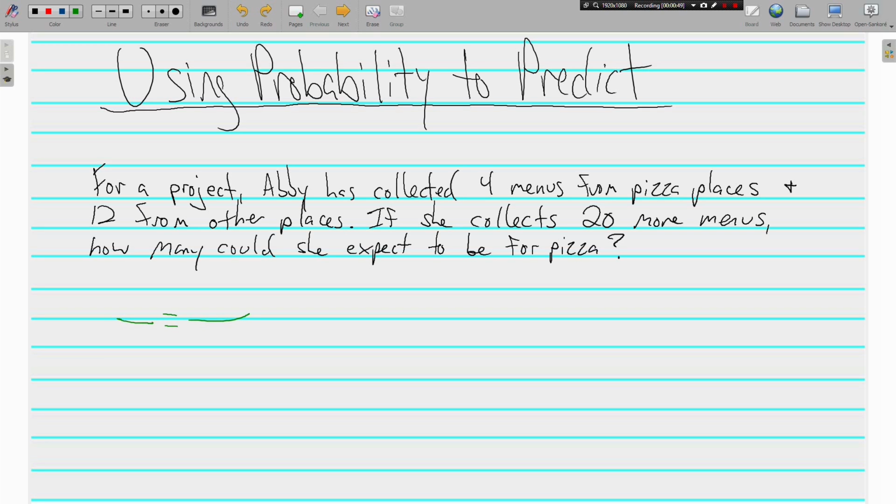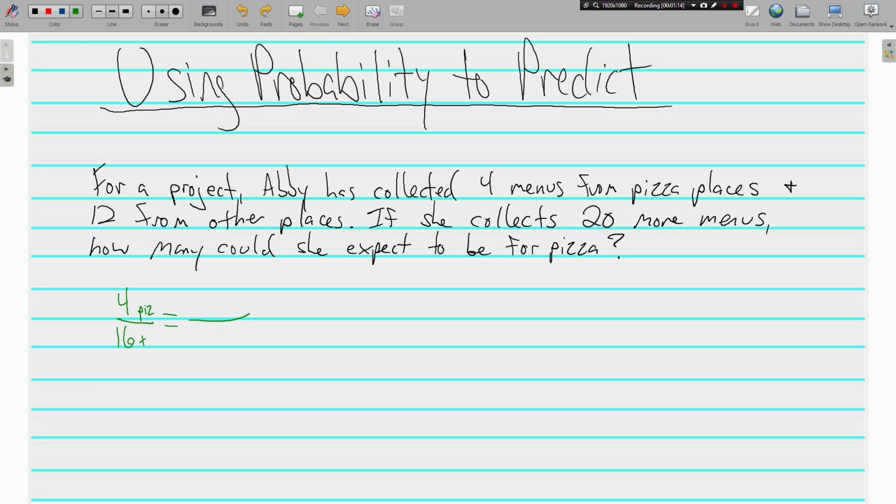What do we know about Abby and her project here? We know that 4 of her menus are from pizza places, and she has 12 from other places. Now, you do have to be careful here. I'm not going to put 12 underneath the 4. I'm going to put 16. What is 16?